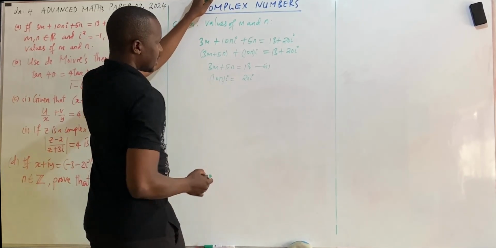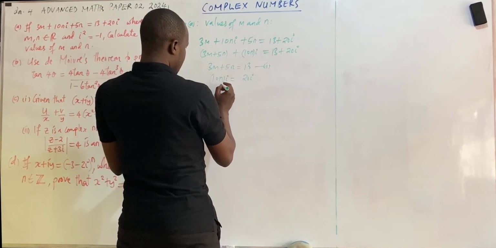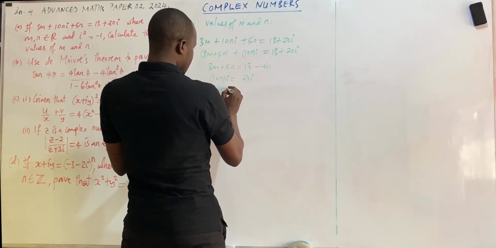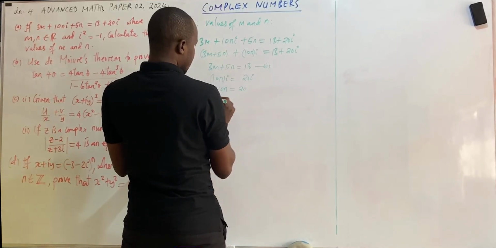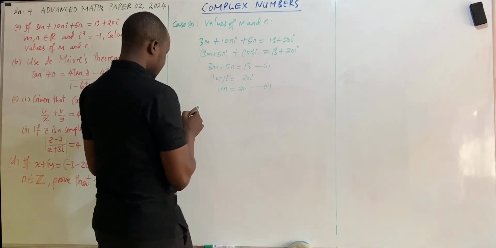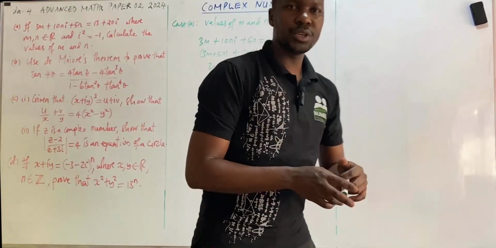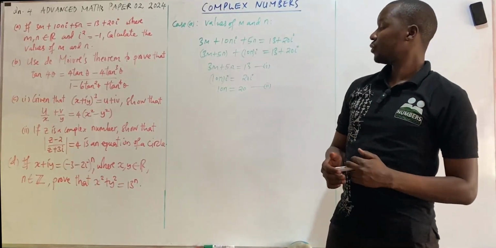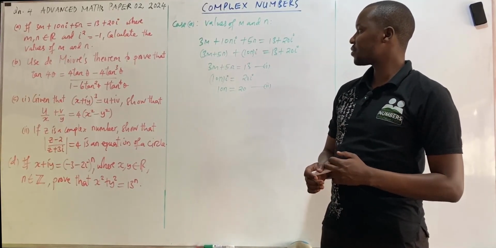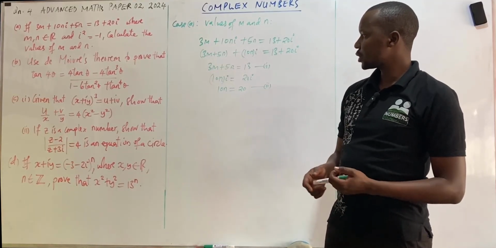The i on both sides cancels out, and we end up with 10n = 20. This is equation 2. Now we solve algebraically by substitution: 3m + 5n = 13 as equation 1, and 10n = 20 as equation 2.